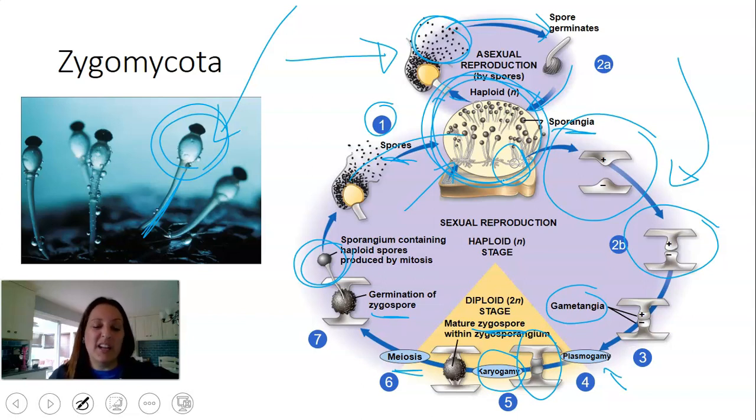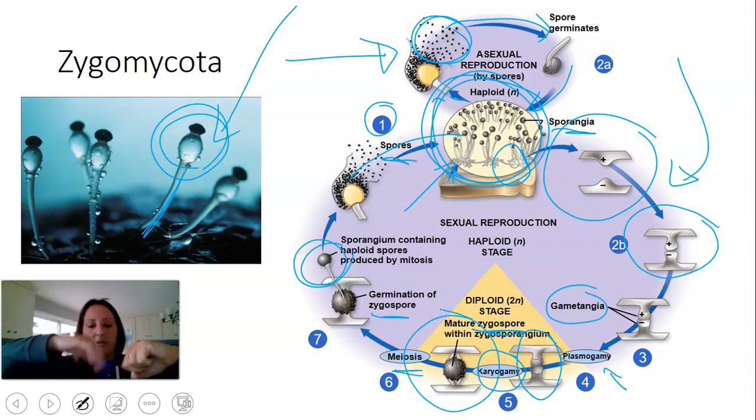You'll see a mass of those structures in that first picture. And then the second slide, you're going to see this. It kind of looks like two ice cream cones coming at each other, with the ice cream in the middle being squashed. That's the product, again, of sexual reproduction.